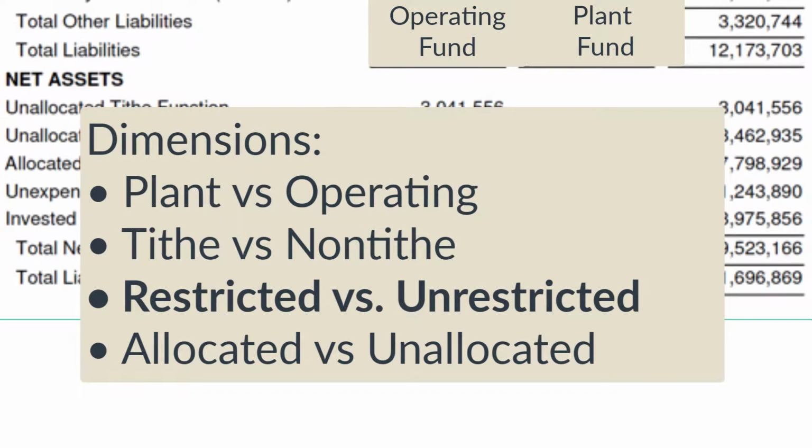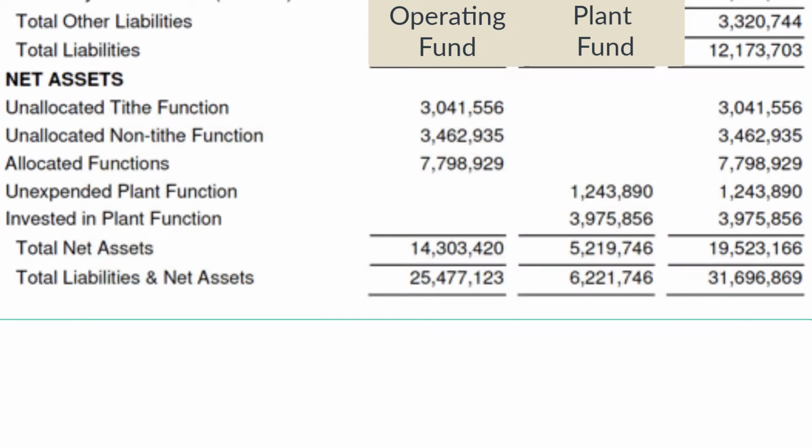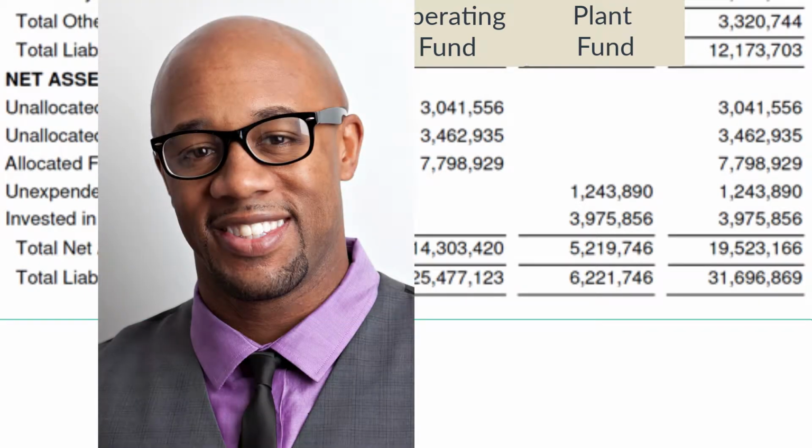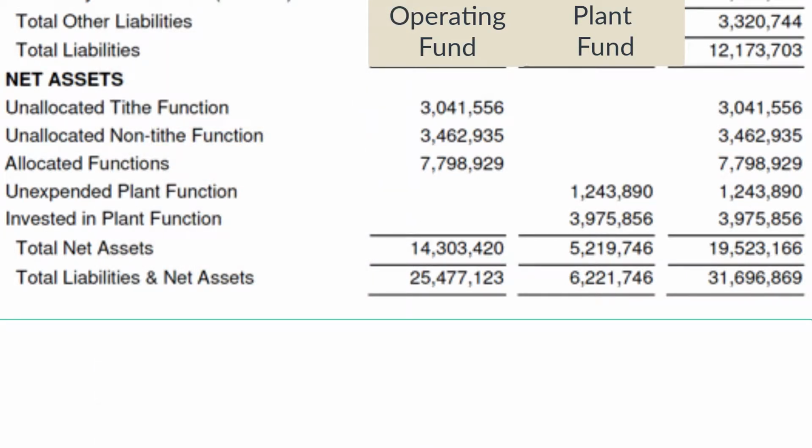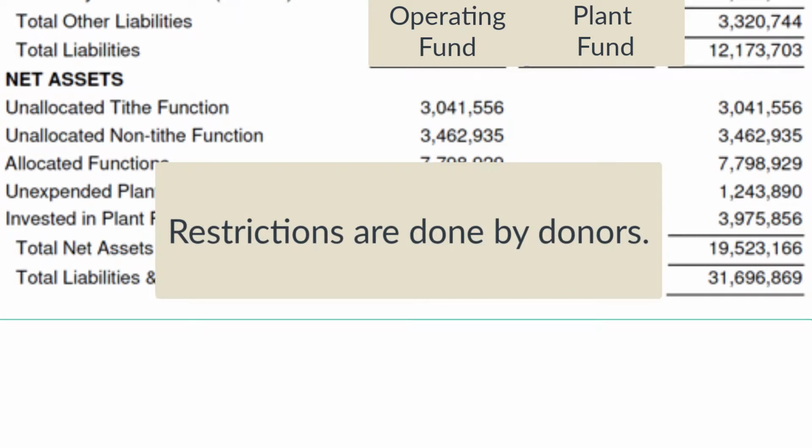This new concept is the same, whether it is tithe versus non-tithe, but now the distinction is whether it is restricted or unrestricted. If a donor has given you money for evangelism among the Igbo of Southeast Nigeria and we haven't spent it yet, it is a restricted net asset.